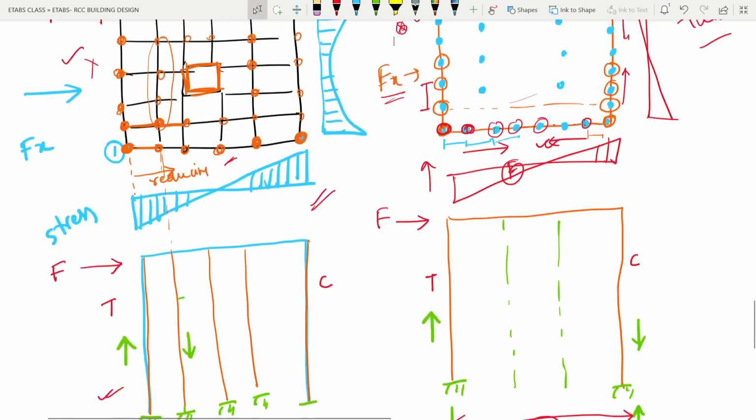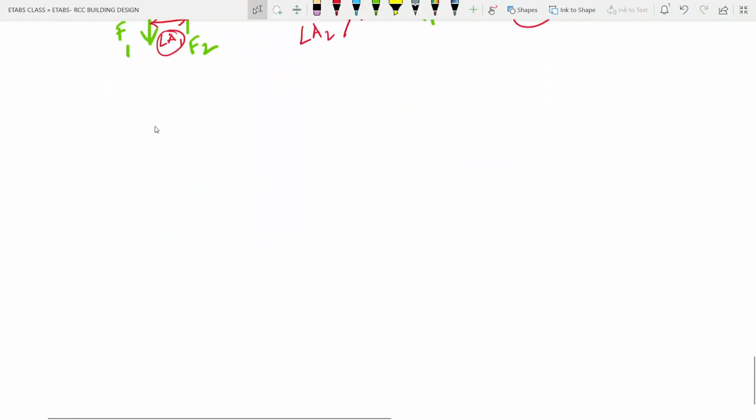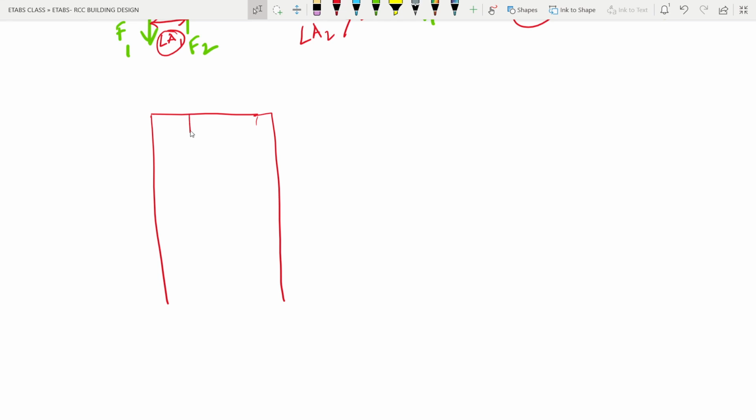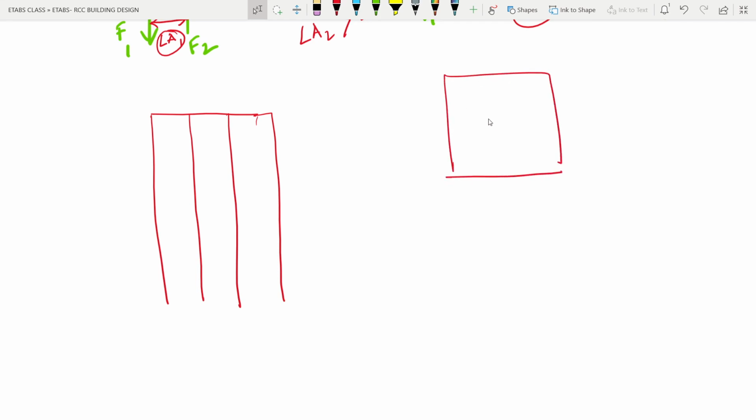So how was this problem solved? I'm just drawing the elevation. Rather than giving closely spaced columns, they have reduced the number of columns in the periphery. Obviously there will be fewer columns at the inner side, more columns at the outer periphery, but fewer than previously.